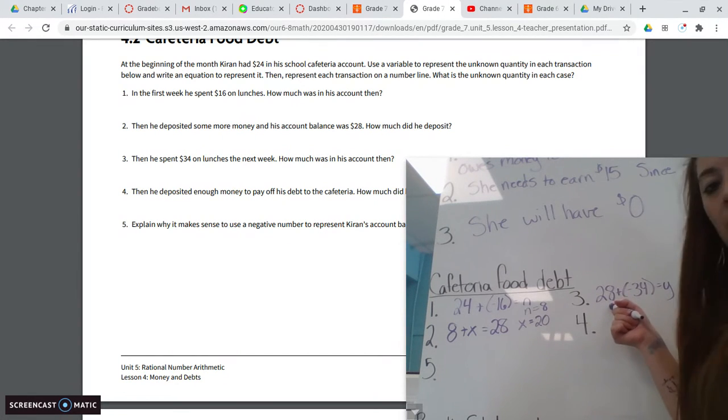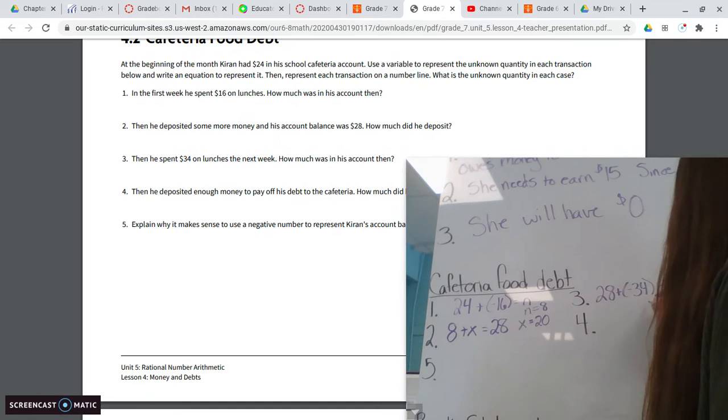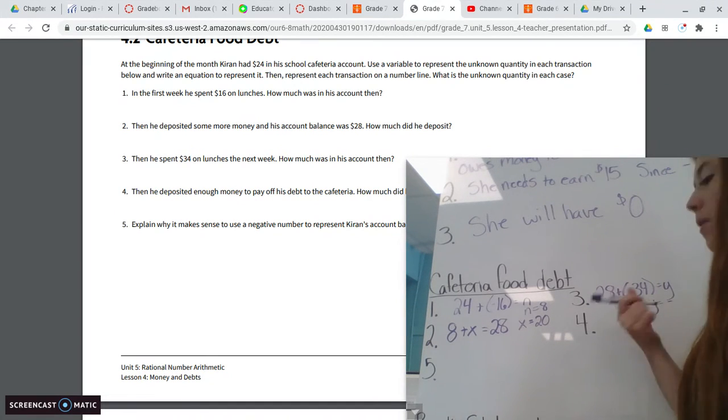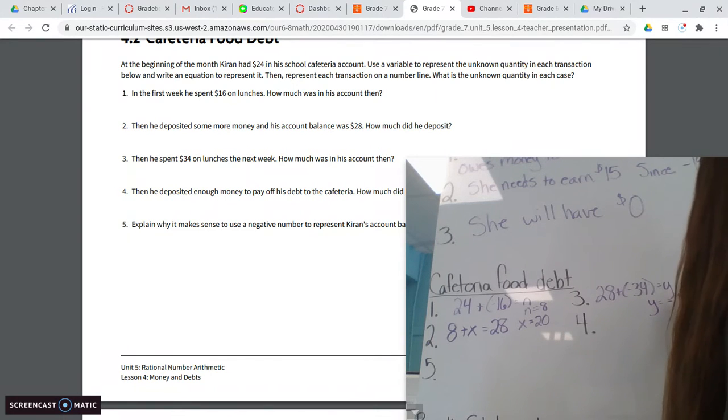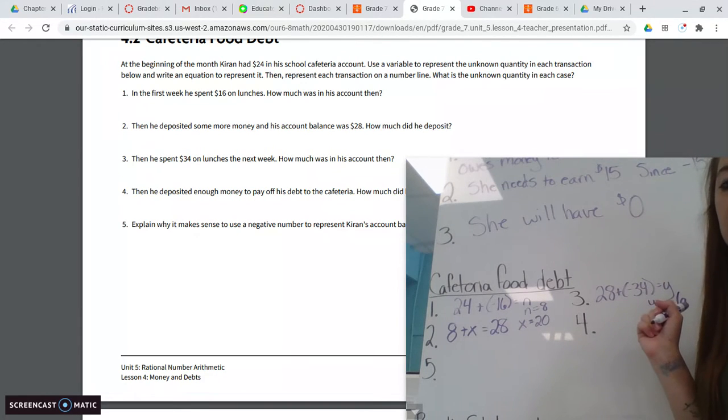So 28 plus negative 34 gives us what? It's going to give us a negative value, right? So we're going to have y equals something negative, but how much negative? 6. So he's got negative $6 in his account right now.